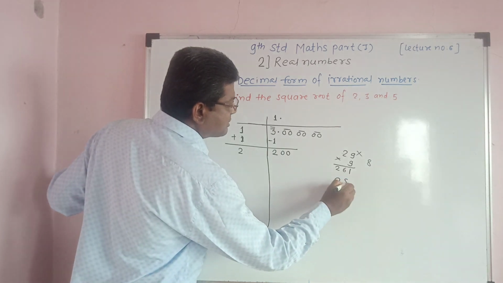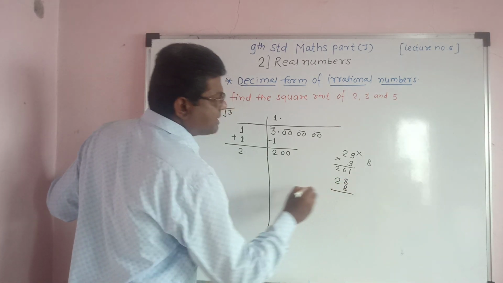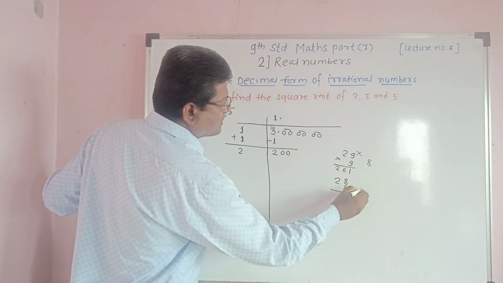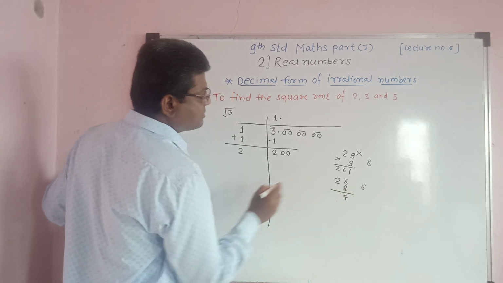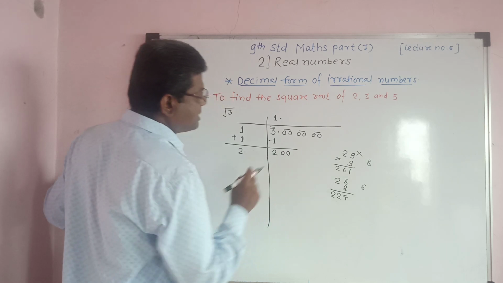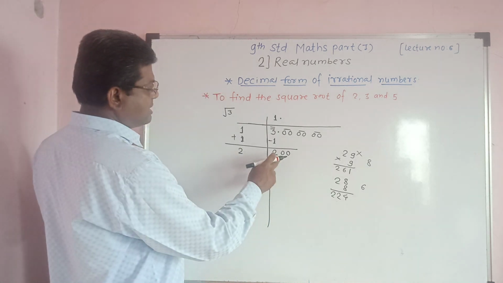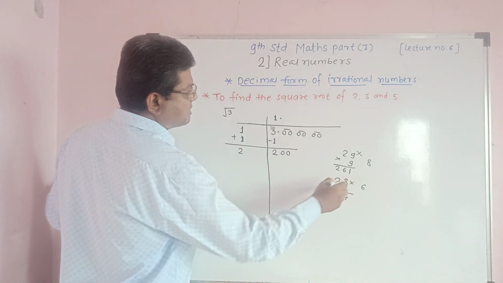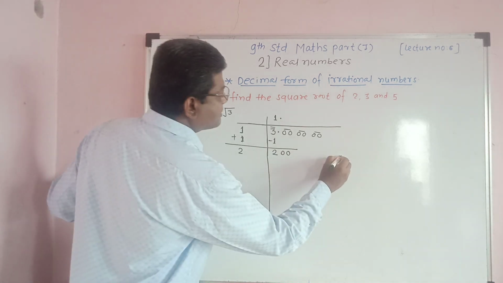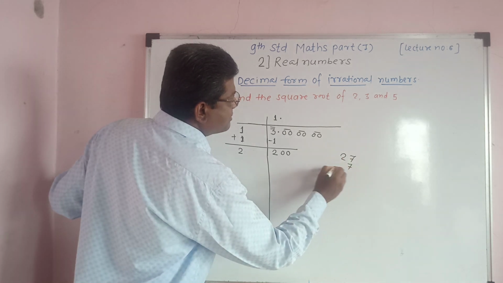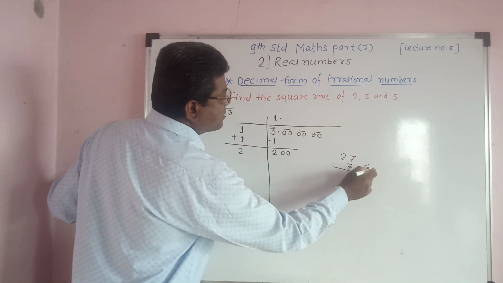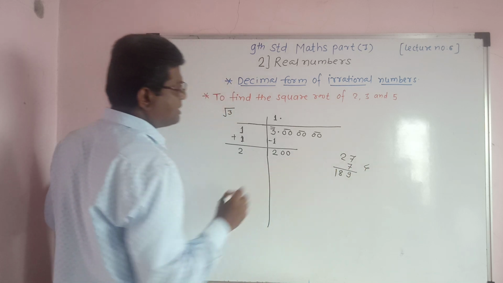If we take 8 on 2, that is 28, we multiply by 8. 8 8s are 64, carry 6, 8 2s are 16, 16 plus 6 is 224. This 224 is also greater than 200, therefore we don't take 8 either. Now take 7, so 27 into 7. 7 7s are 49, 7 2s are 14, 14 plus 4 is 18.